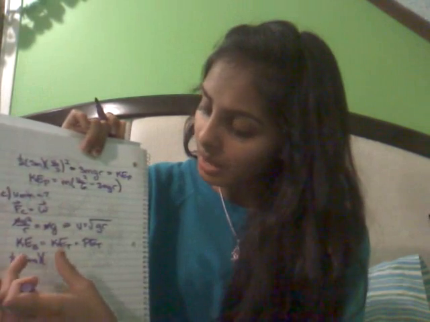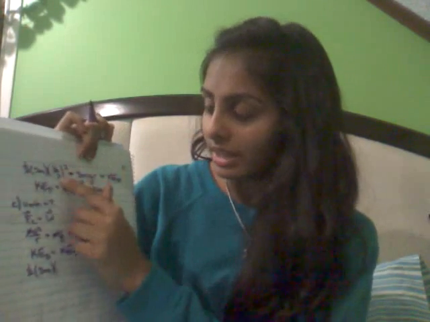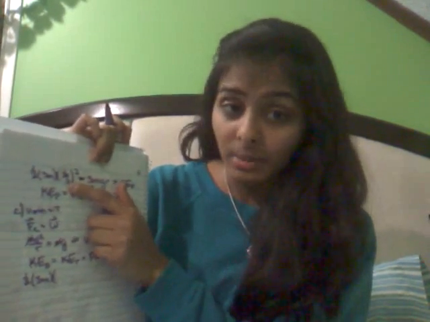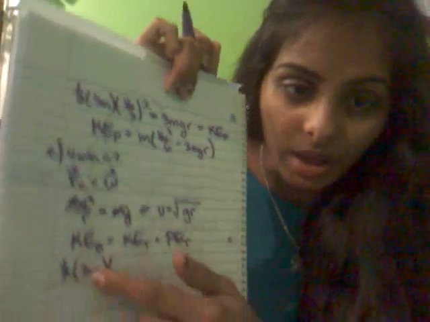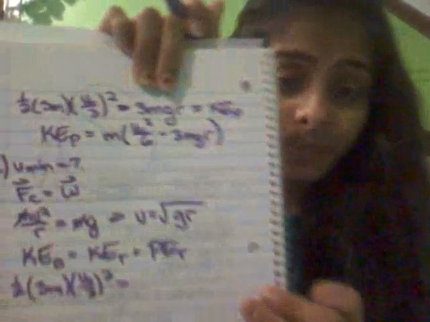Alright. So we know that the kinetic energy at the bottom is going to be equal to 1/2 times the total mass times the velocity that we found. Basically, we're using what we used up here and bringing it down here because it's the same thing. So the initial velocity over 3 squared is going to be equal to the kinetic energy at the top of the loop.